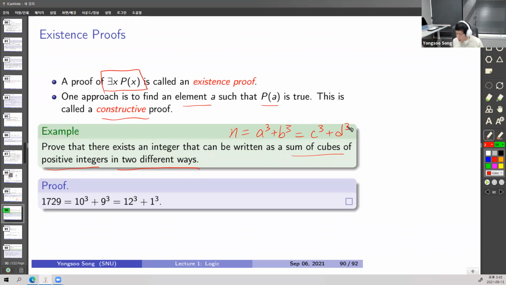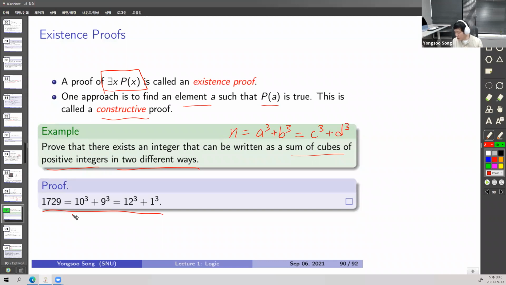And the proof can be done by simply showing that there exists an integer satisfying this property. And this integer 1729 can be represented as the sum of 10 cubed and 9 cubed, and 12 cubed and 1 cubed.